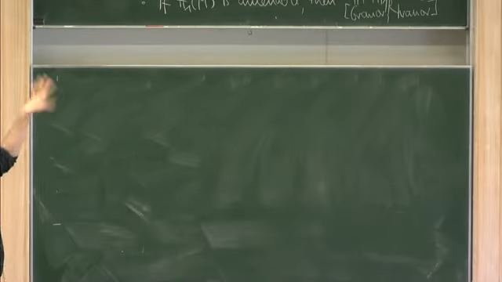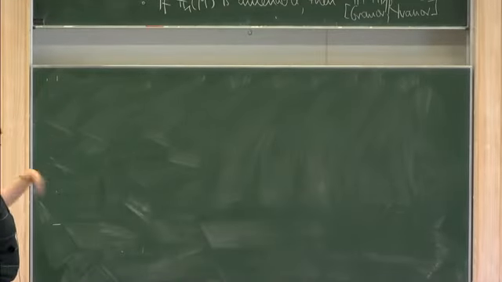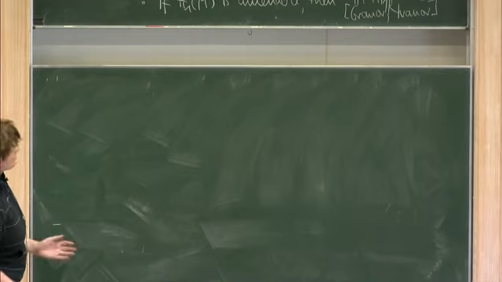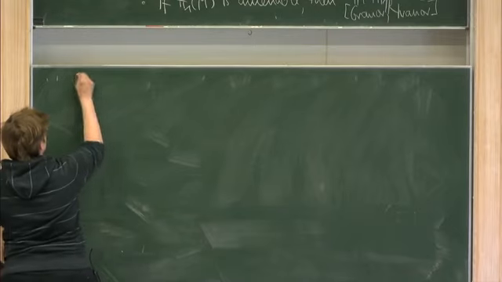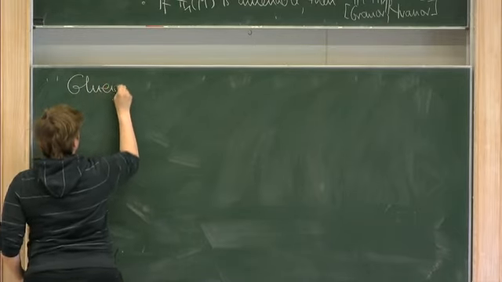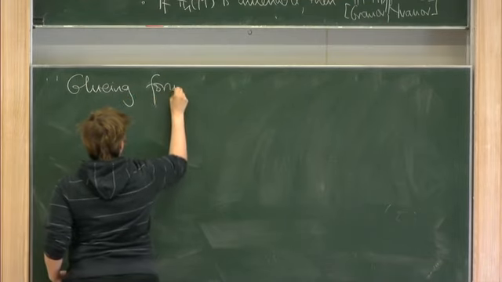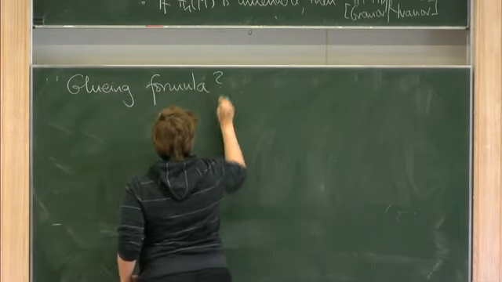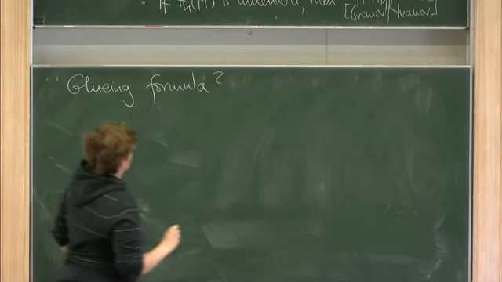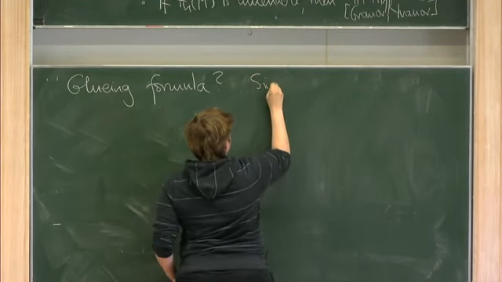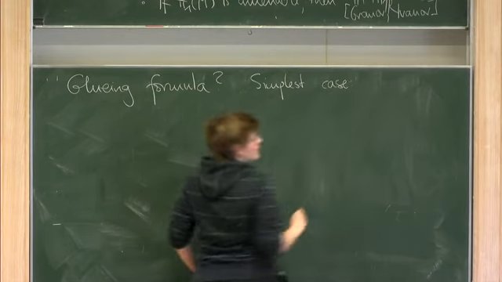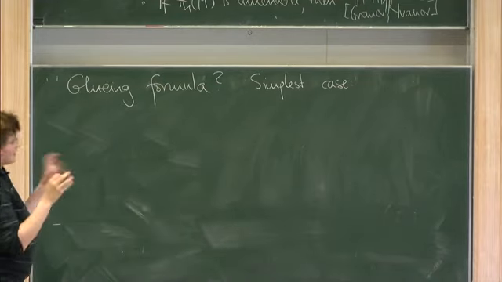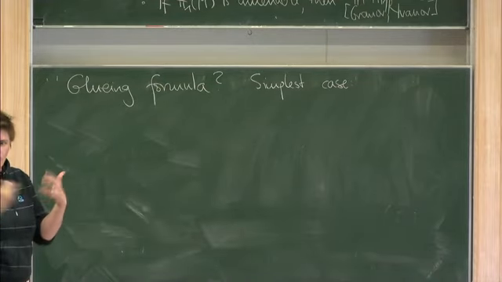Now you could start to calculate more and more examples, but sooner or later what you want is something like a gluing formula. In the simplest case, let's assume we have two manifolds with boundary that we want to glue along the boundary.